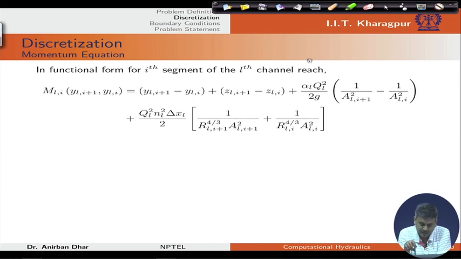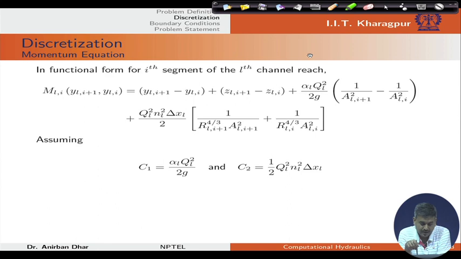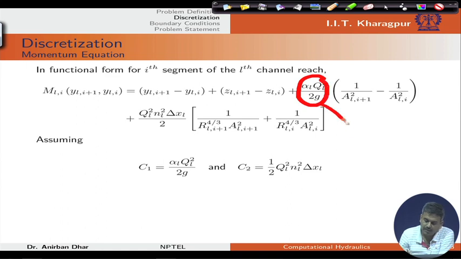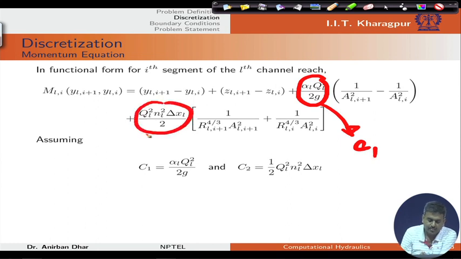Now, by assuming this term as C1 and this second term as C2, we can reduce the size of this equation, at least in compact form we can represent this.